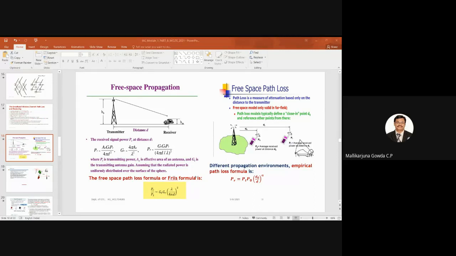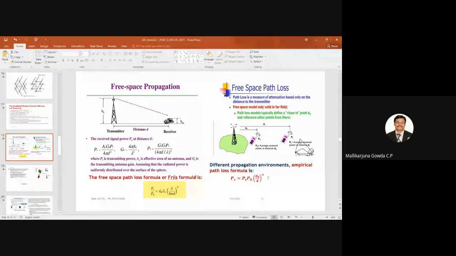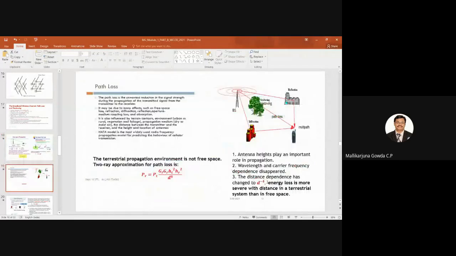To understand its importance, let me take up one example so that it will be clear how the value of this propagation path loss has an impact on the signal to interference ratio. Hope you have noted the formulas. One is the Friis formula, this is the empirical formula, and this is the two-ray approximation model.